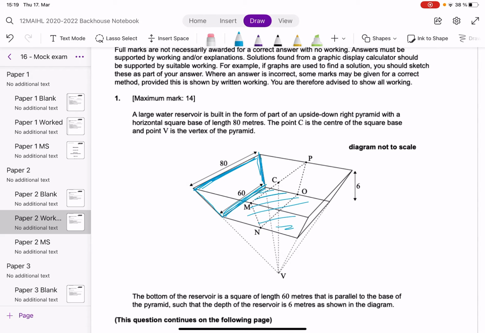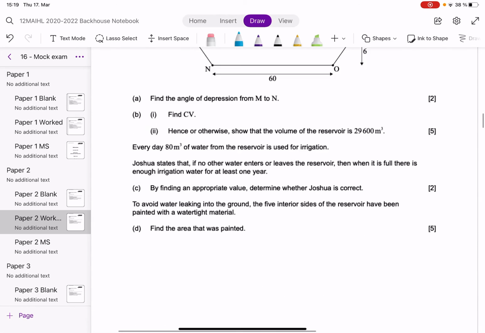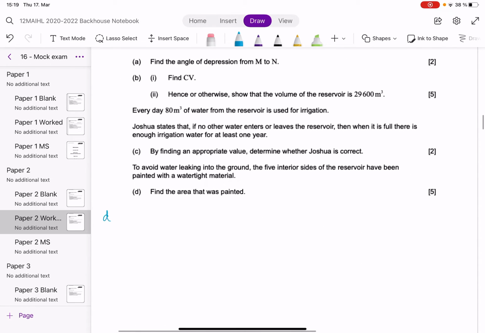So we need to find, obviously, the area of one trapezium multiplied by 4, and then add on the area of a square. So, part D: 4 times area trapezium plus area square.